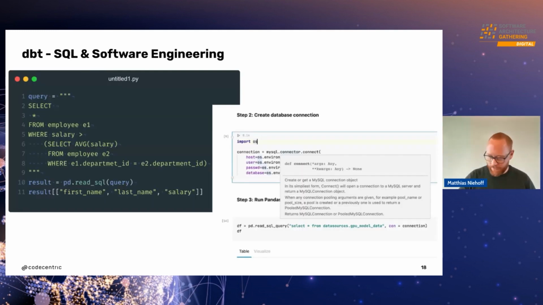I mean, some of you might have seen that people who just want to do some data analytics either write those Python scripts where they basically write SQL and then execute this and get a pandas data frame, or on the right corner, we have a Jupyter notebook in this case to actually do data.